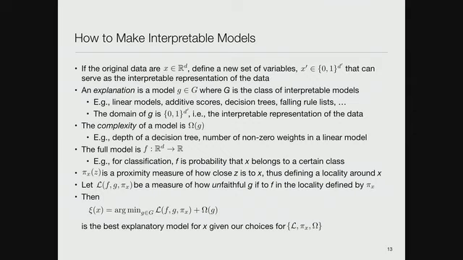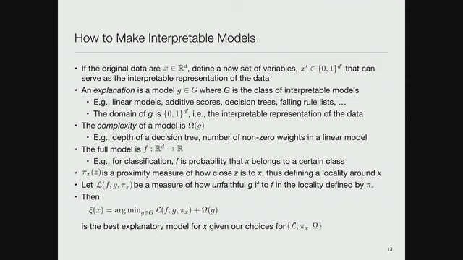Then they say, okay, we're going to build an explanation model G, where G is a class of interpretable models. So what's an interpretable model? Well, they don't tell you, but they say, well, examples might be linear models, additive scores, decision trees, falling rule lists, which we'll see later in the lecture.